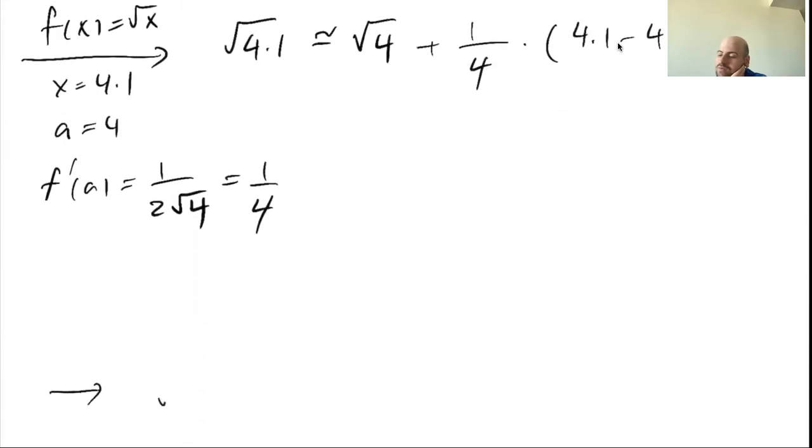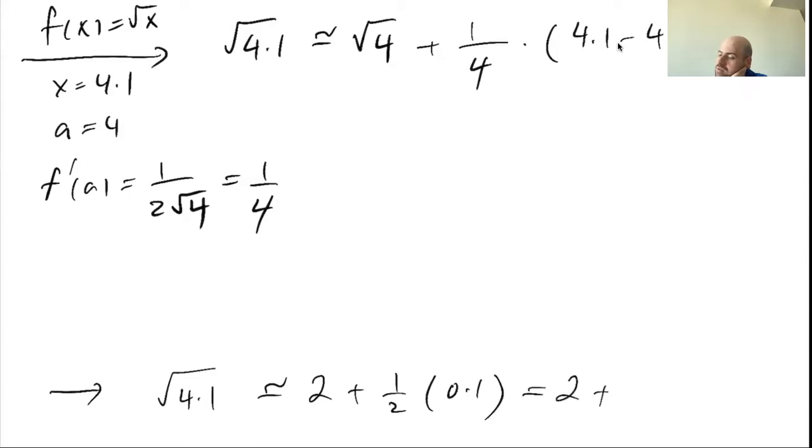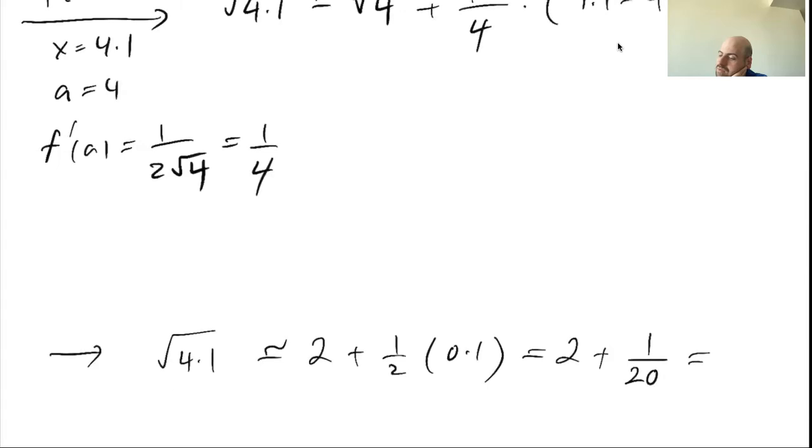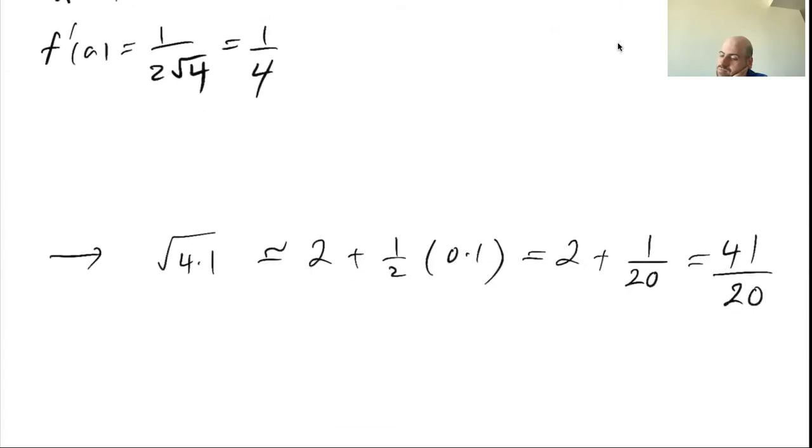So that gives root 4.1 almost equal to 2 plus 1 over 4 times 0.1, which is 2 plus 1 over 40. Hmm, let me restate: 0.1 is 1 over 10, times 1 over 4 is 1 over 40.